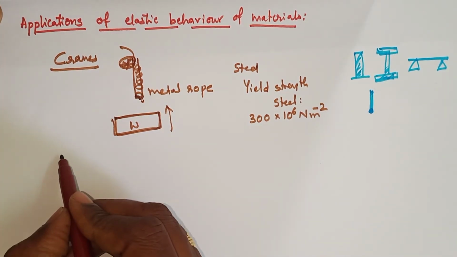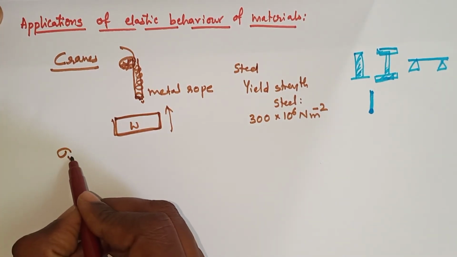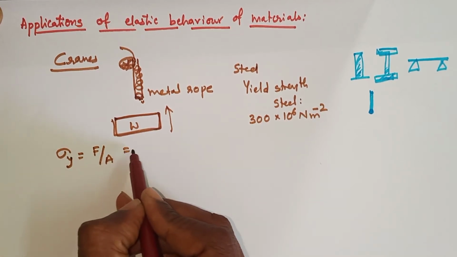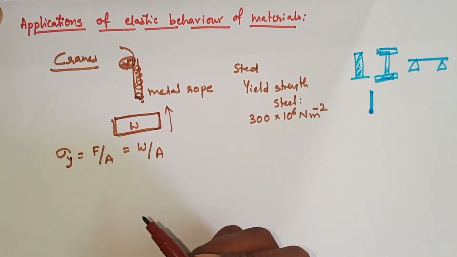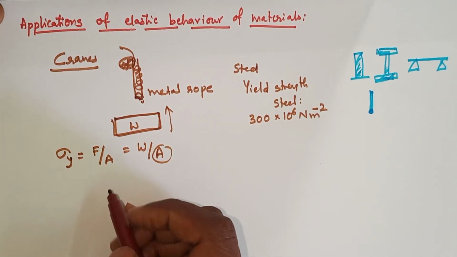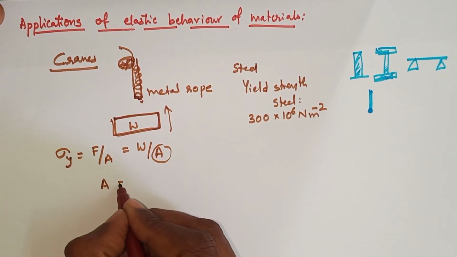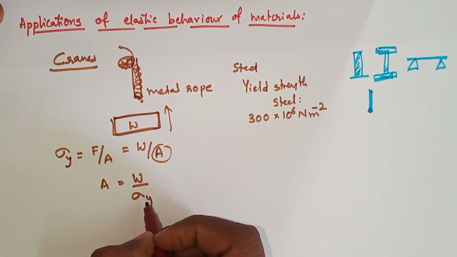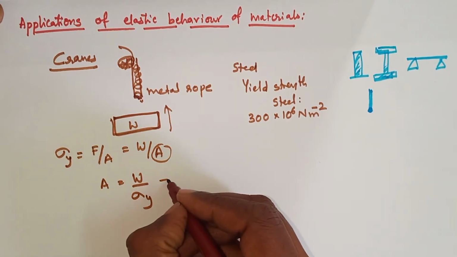Stress is force per area, or W per area. Now we want to design A. Actually A is equal to W by strength, meaning stress. What is the condition?